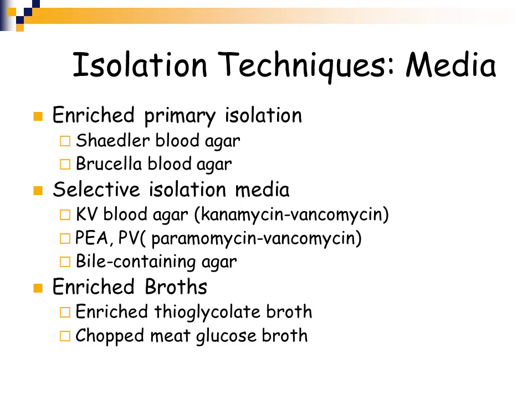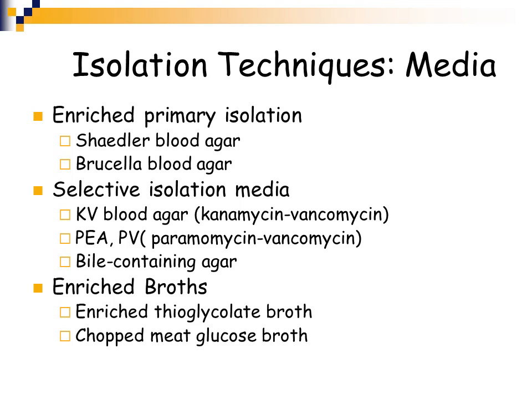You also are going to use your selective media. Just like with our Enterobacteriaceae, we talked about hektoen enteric agar and XLD agar. You also want to add in some selective media. So the selective anaerobic media are things like KV blood agar, and the KV is kanamycin vancomycin. There's PEA and PV. There's bile-containing agars.